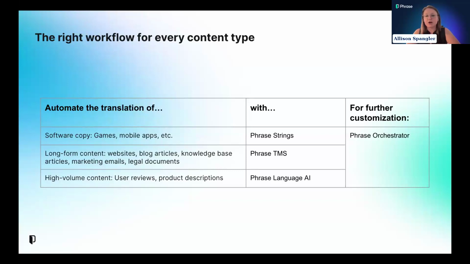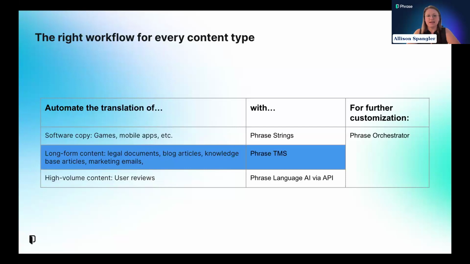For example, you've probably heard of Phrase Strings and Phrase TMS, and these parts of the platform, Phrase Strings specifically, can facilitate the automated translation of digital products, software copy for games, and mobile apps, while Phrase TMS specializes in more long-form content that lives in CMSs or content repositories like website, blog articles, or marketing emails. And that's what we're going to focus on today, translating with APC within the TMS.